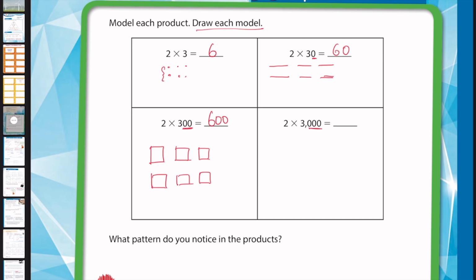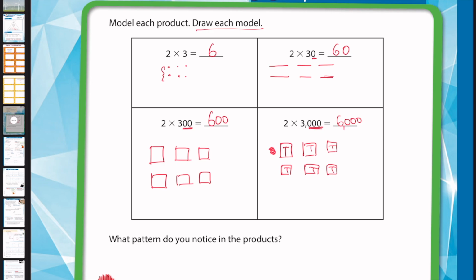And then for 1000, we are going to use T as a symbol of 1000. So that's going to be what? 2 rows of 3000, which is 6000. Put a comma.